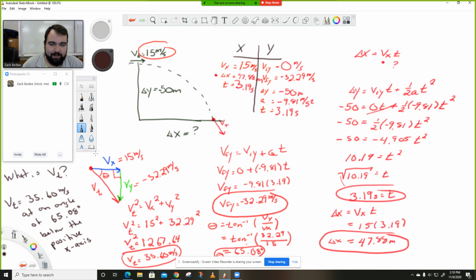It's because if you were to draw this out, your x-axis runs this way, your y-axis runs vertically, so it's below that positive x. And that's one way you can go ahead and write that. So there's a fully worked out example.